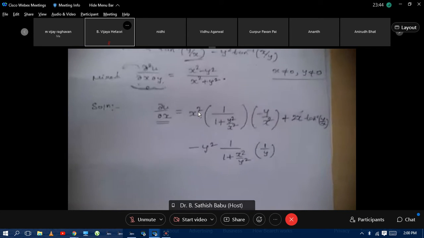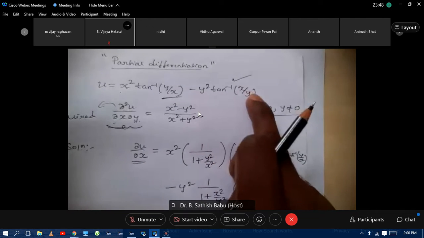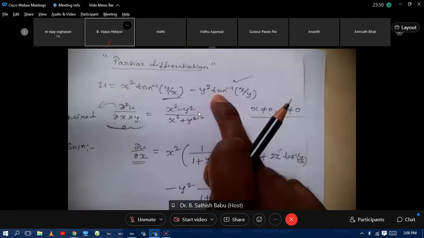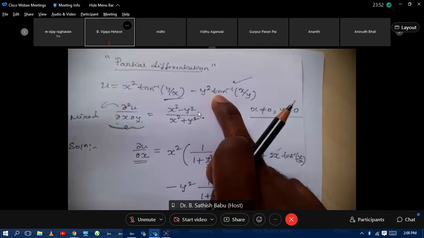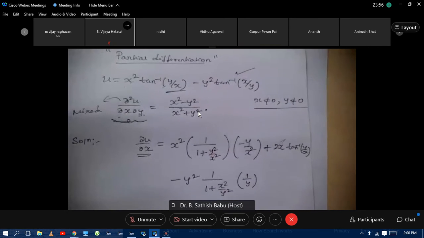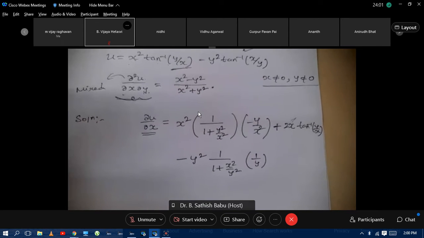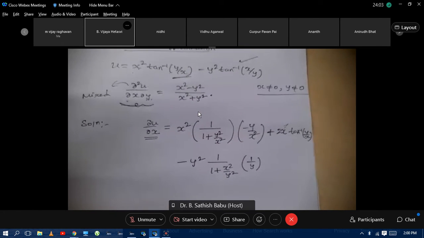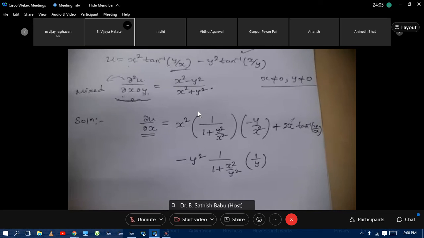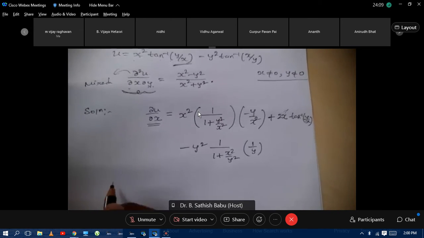We don't need product rule. Even if you go with product rule, first into differentiation of second one, second into differentiation of first one, that y square differentiated with respect to x gives you 0. The term vanishes, right? Even if you apply, that becomes 0 only. Instead of doing that, straight away we can treat y square as constant and get that answer. Isn't it? Okay.